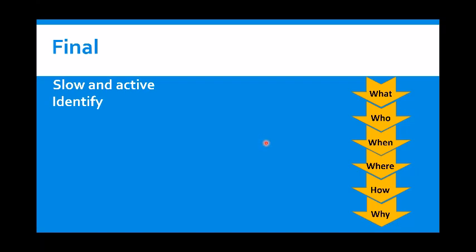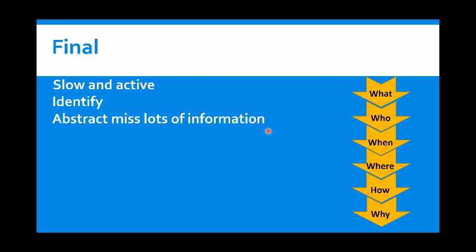You can assess the article. You can identify the problems, whether they fit this sequence of words or not. Because remember, when you read only the abstract, lots of information is missed. So it's not enough to read only the abstract. You need to read the entire article, but read it in the way that we've expressed.